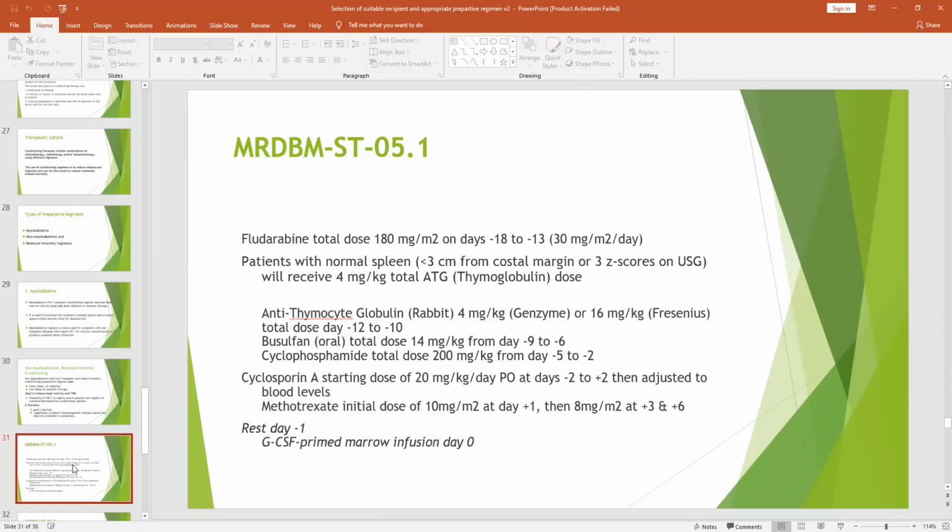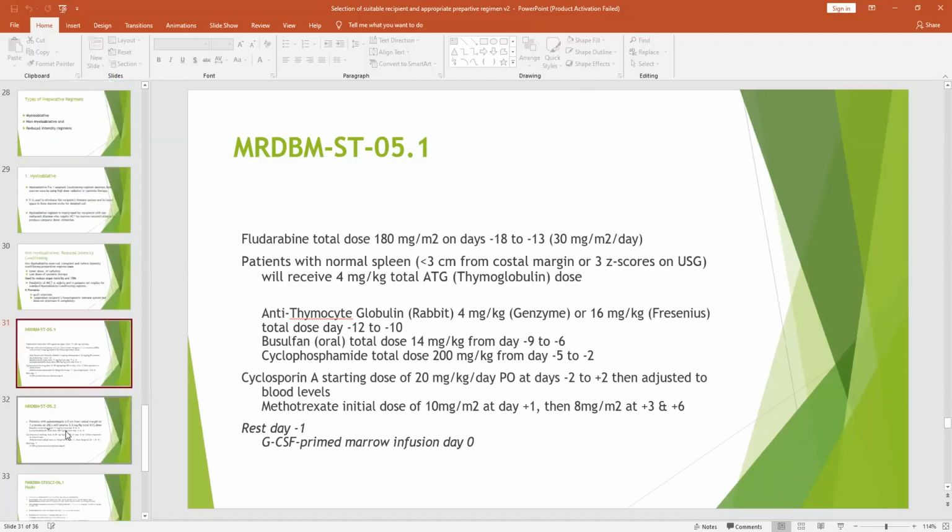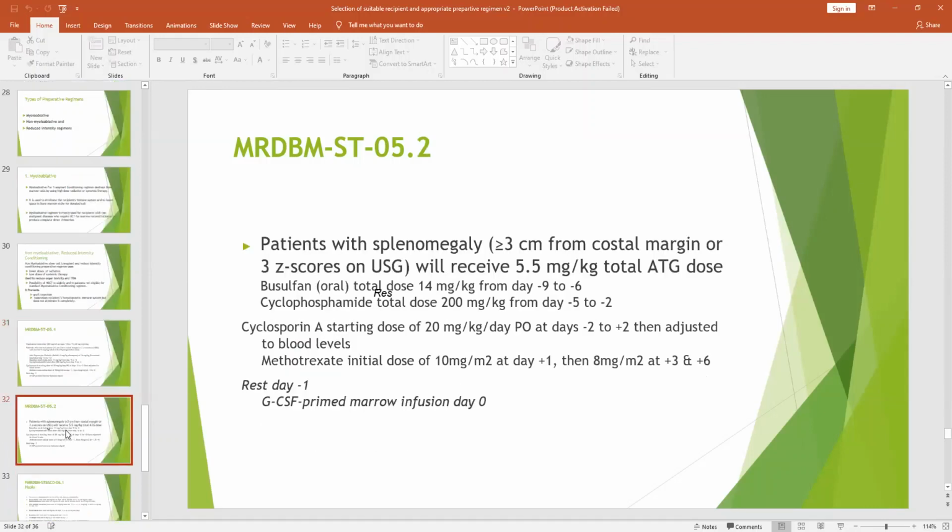In our center for the cure of children, we are using these four protocols: MRDBST 05.1 and 05.2.